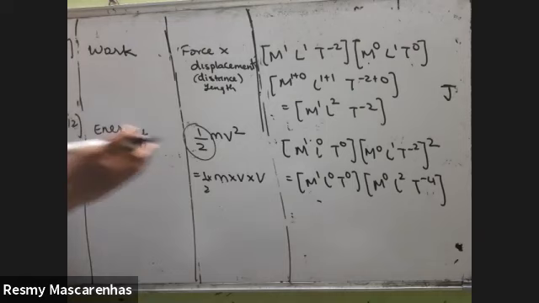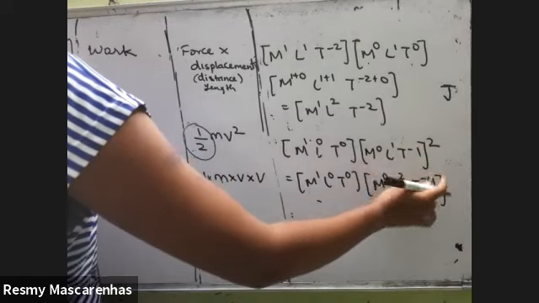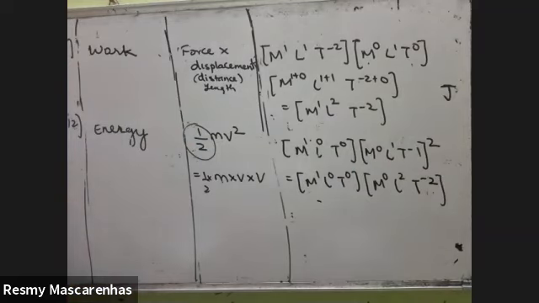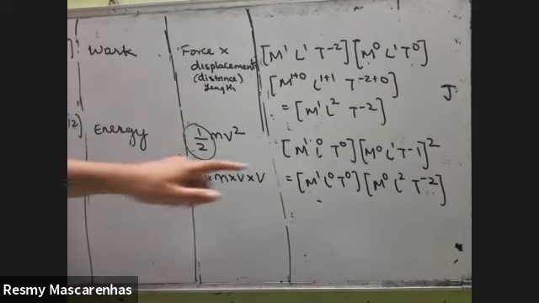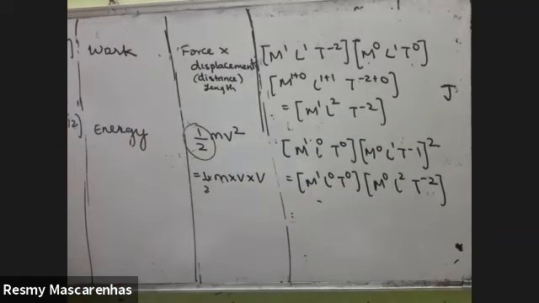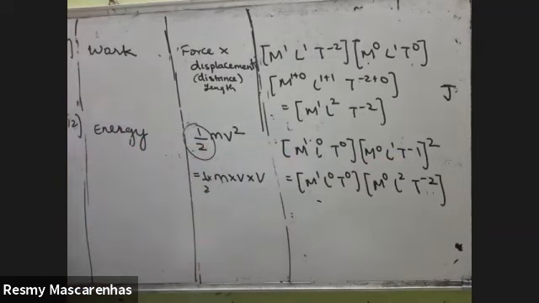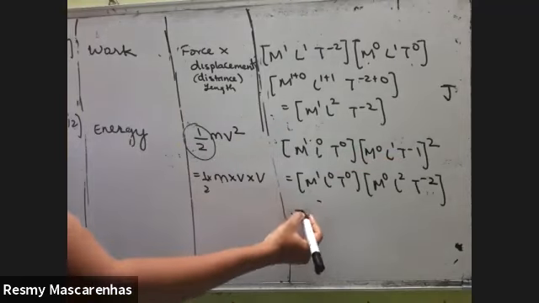This was already minus 1, no? Just correct this. Then it will become minus 2. This is the velocity dimension. So 1, this will give me minus 2. And now add the powers.